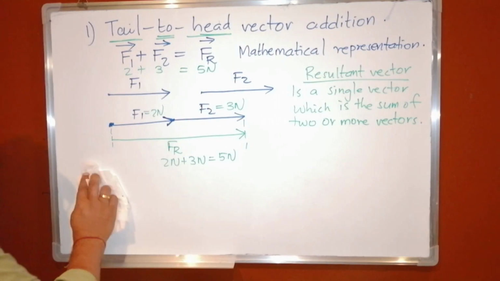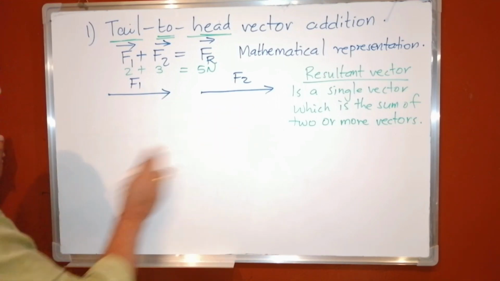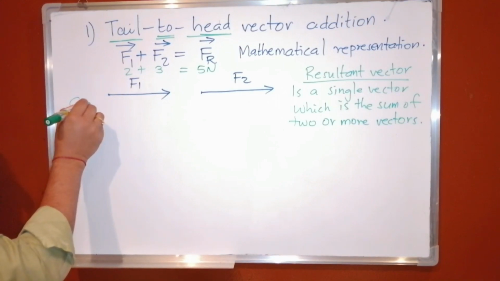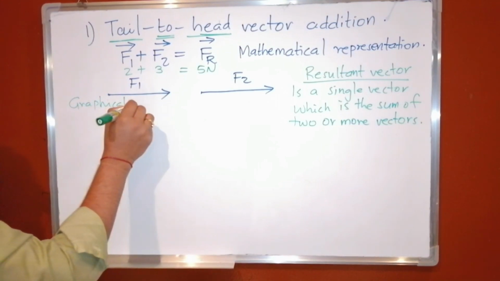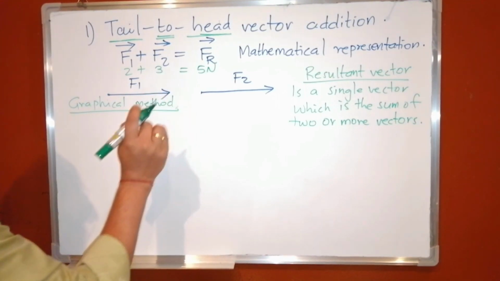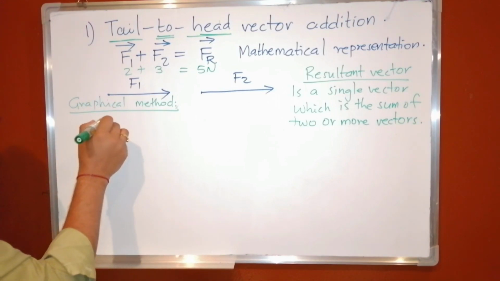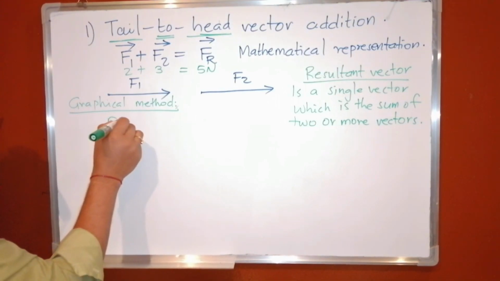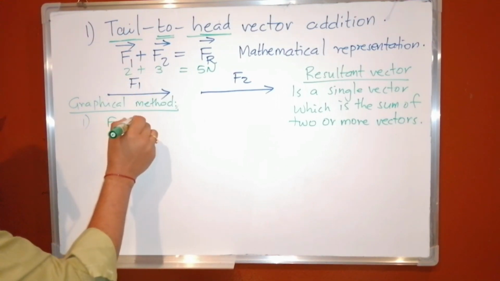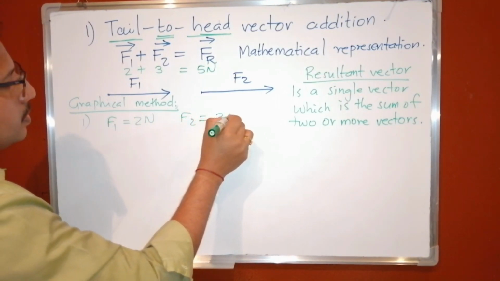Let me show you how to calculate the resultant vector in the tail to head method, in the graphical method. Let's say this is question number 1: vector F1 is 2 Newton, F2 is 3 Newton.